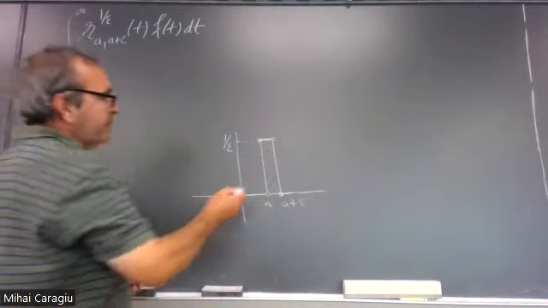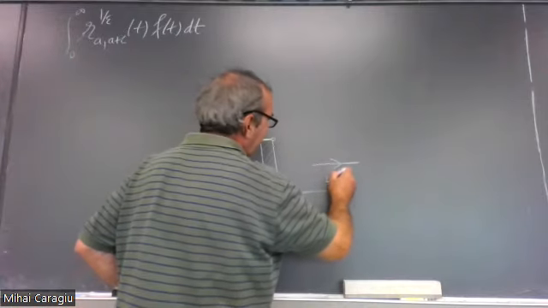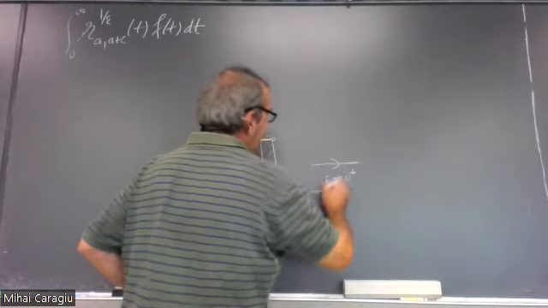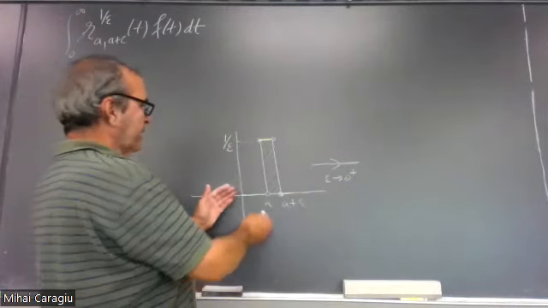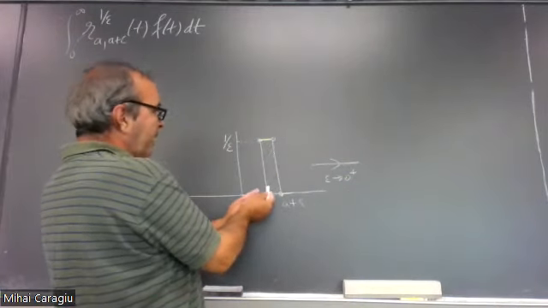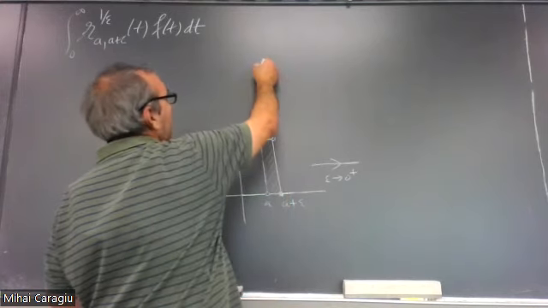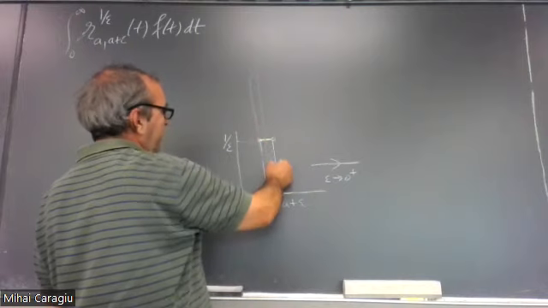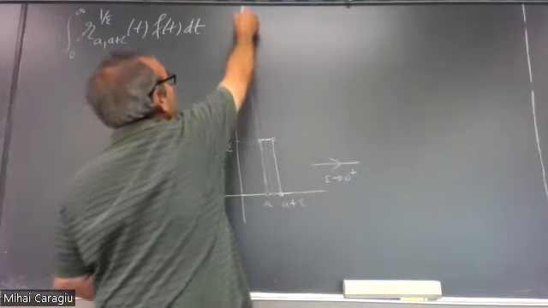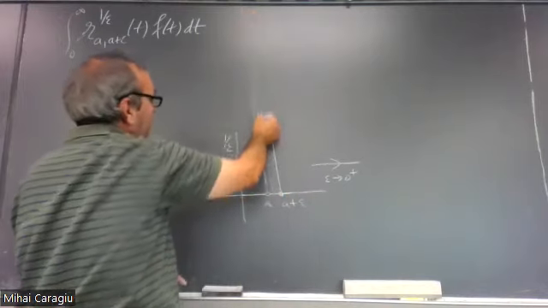Because when epsilon approaches 0 plus, these rectangular signals become thinner and thinner, and at the same time taller and taller.